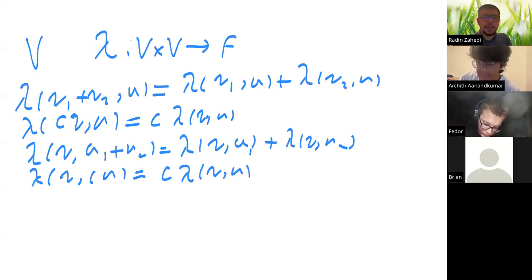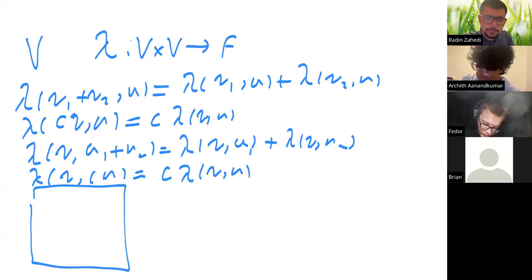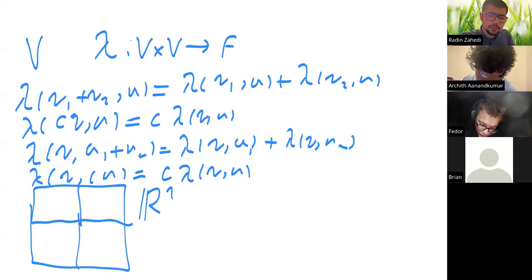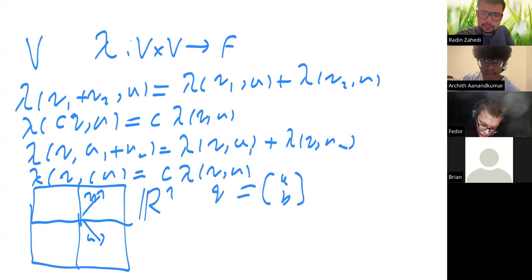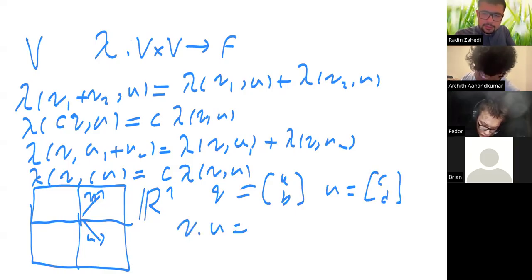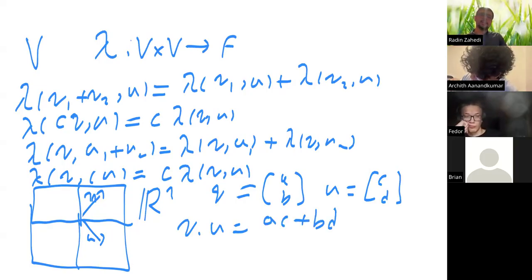You have seen bilinear maps in high school. For example, for the R2 space, the dot product defined between two vectors, in the sense that if v equals (a, b) and u equals (c, d), we define v dot u as ac plus bd. Observe that this is exactly a bilinear map.